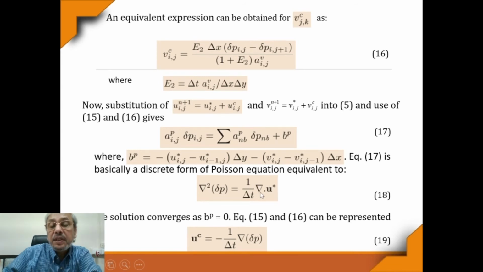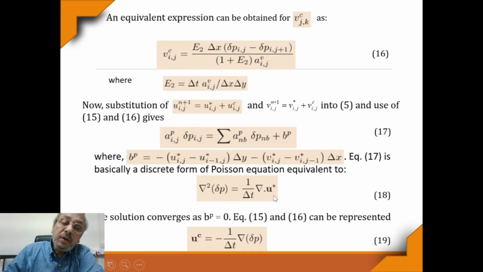So basically this divergence of U star is del x of u plus del y of v. Both are star quantities, approximated quantities, and we can write their differences divided by delta x, differences divided by delta y.